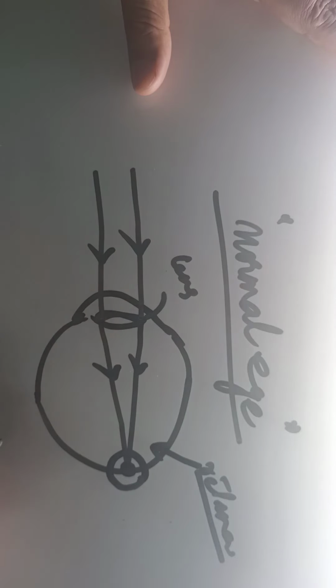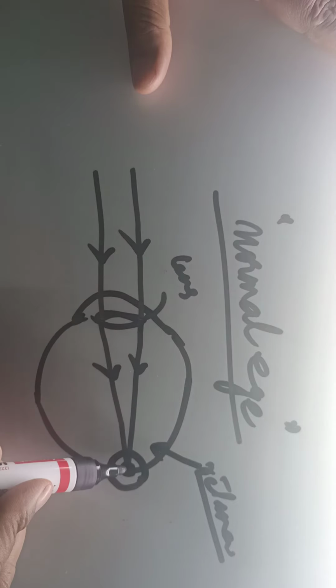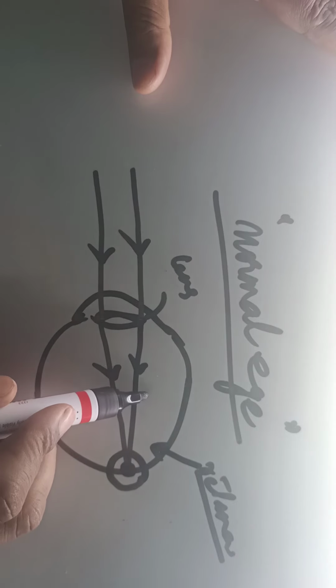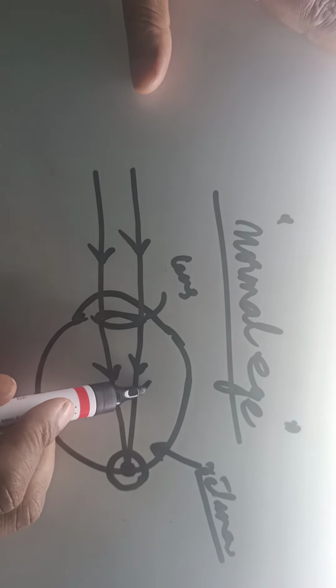In short-sightedness or long-sightedness, which we also call myopia or hypermetropia, the rays of light, instead of meeting on the retina, will either meet in front of the retina, or they will meet behind the retina. These are the two problems.